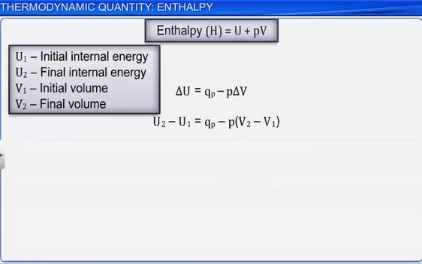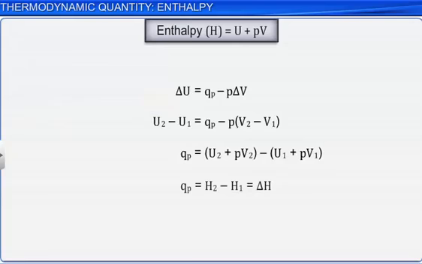The above equation can be written as U2 − U1 = QP − P(V2 − V1). On rearranging this, we get QP = (U2 + PV2) − (U1 + PV1). But we've already learned that U + PV equals enthalpy H. Hence, the equation can be written as QP = H2 − H1 = ΔH. Therefore, ΔH = QP.